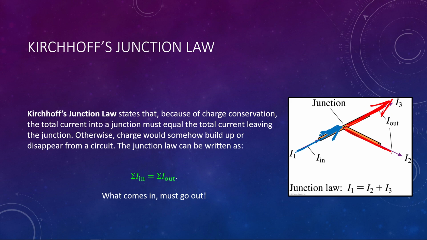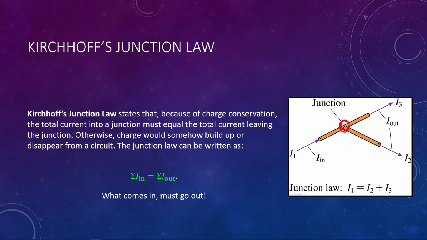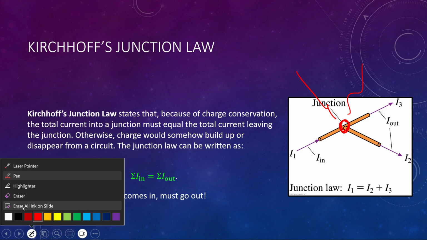I'm using blue to show entering, red to show leaving. The way I say this is: what comes in must go out. Charge is conserved. Just because the wire splits, charge doesn't magically build up in this junction, or magically leak out into space, right? Charge is just split.